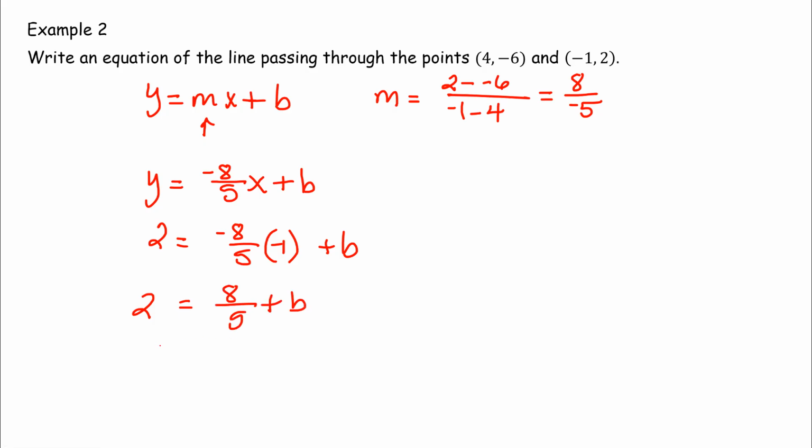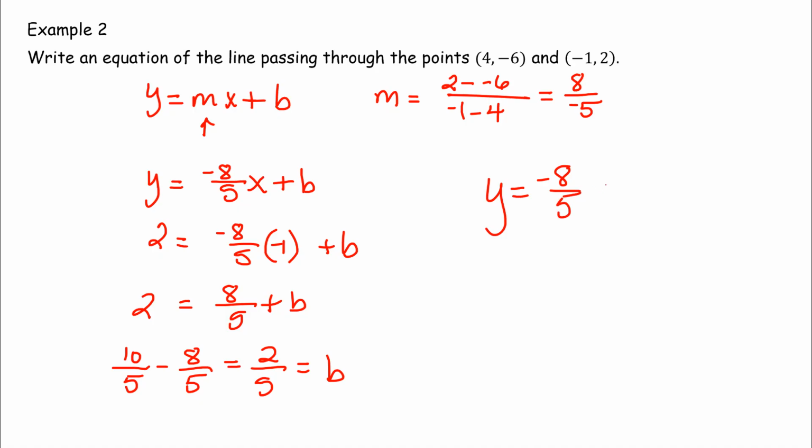I'll subtract 8/5 on both sides. 2 is 10/5 minus 8/5 is 2/5, and that's b. So the equation of our line, we have our m, we have our b. So our m is negative 8/5. Y equals mx plus b is 2/5. So we've done it.